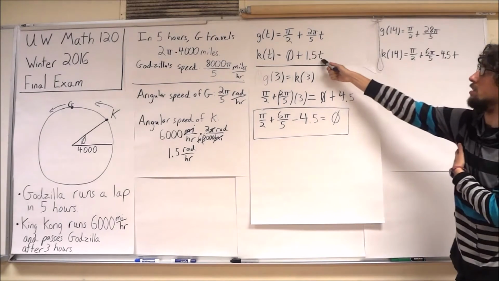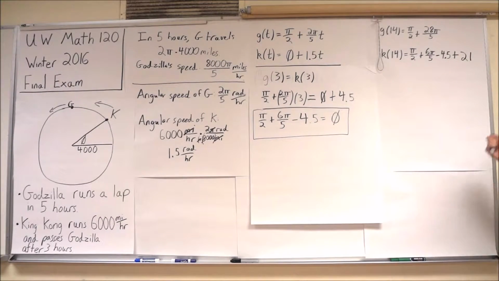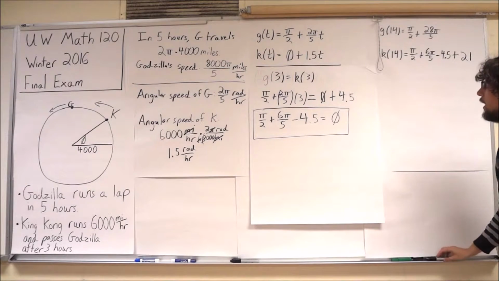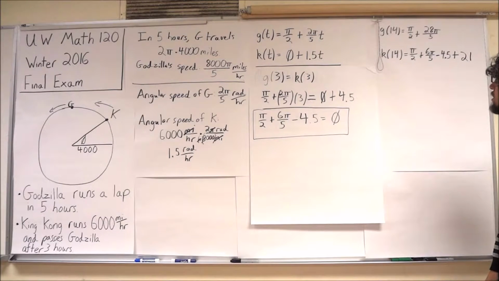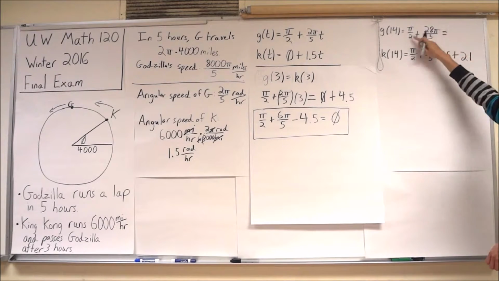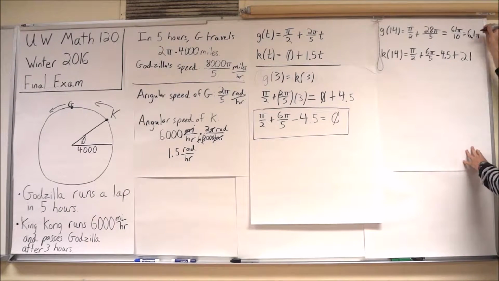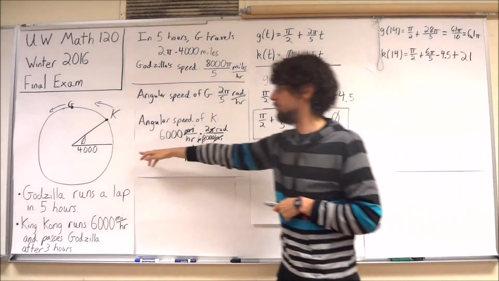Plugging in 14 to this. So now I have the position of Godzilla and of King Kong. I simply need to find out which of these positions is farther north. So 6.1 pi. 6 pi would be here.